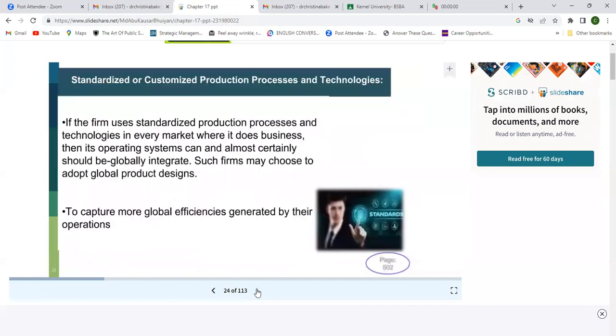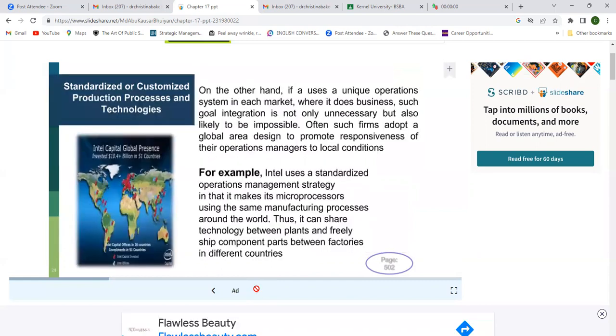The firm uses standardized products, processes, and technologies in every market where it does business. Then its operating system can, and almost certainly should, be globally integrated. Such firms may choose to adopt global product designs to capture more of the global efficiencies generated by their operations.